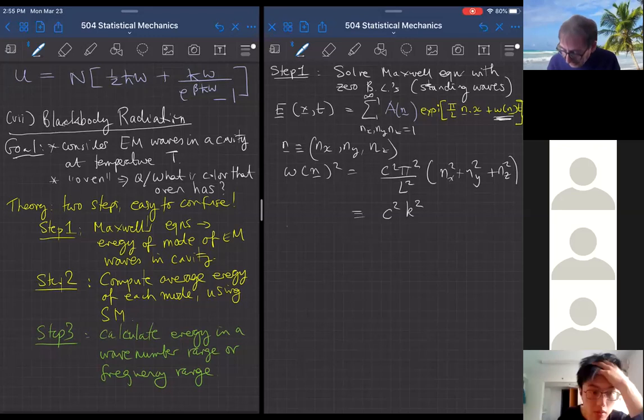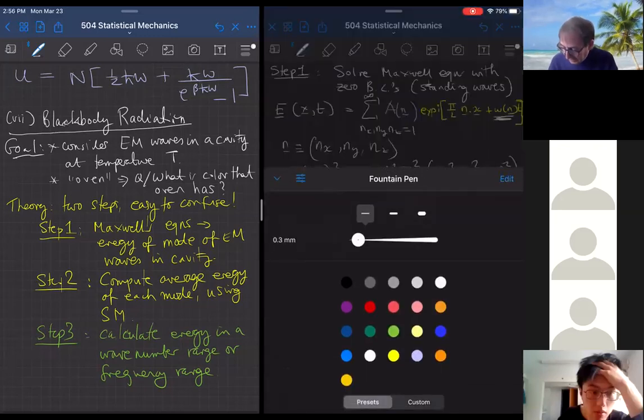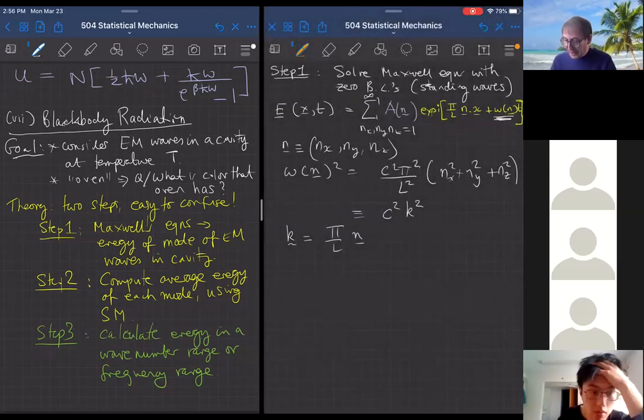So the wave vector k is just pi over L times n. Now, the thing I want you to understand is that these n's are not quantum numbers. These n's are mode numbers. And this n is a mode number. And this is a wave number.